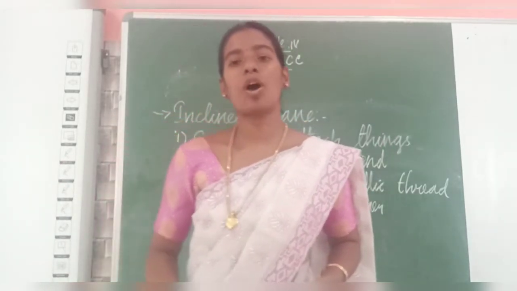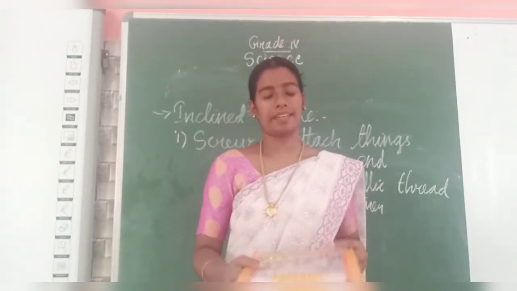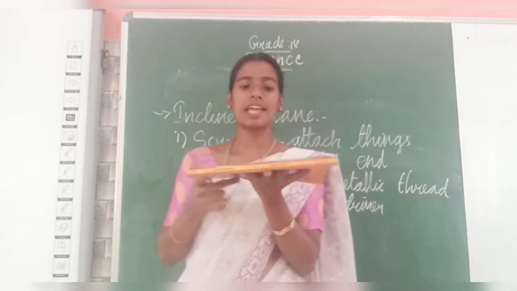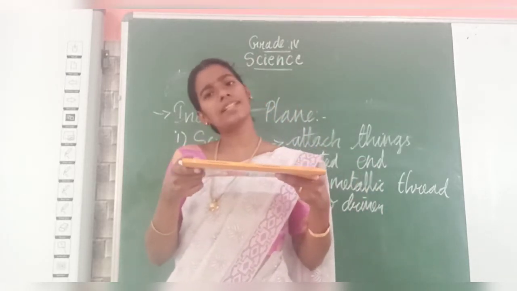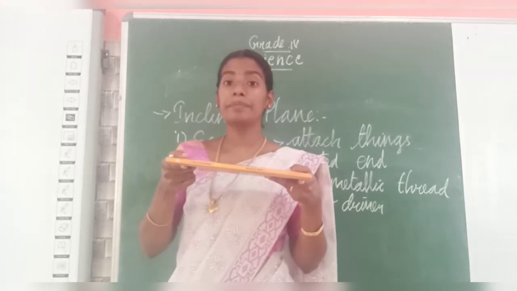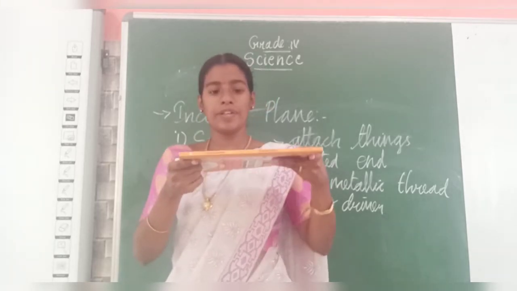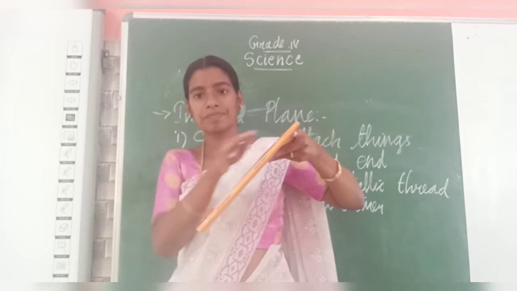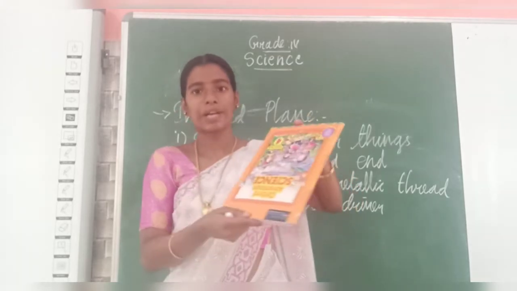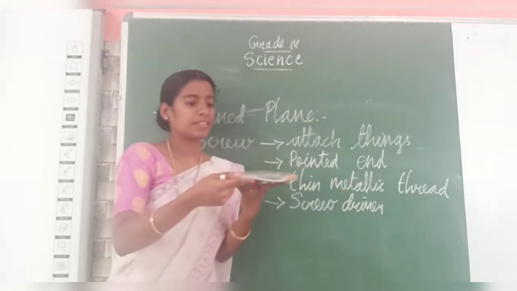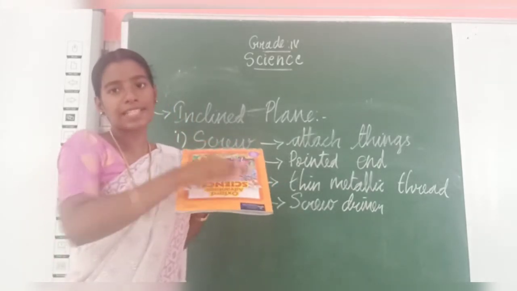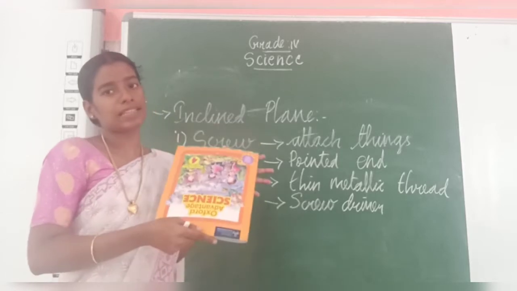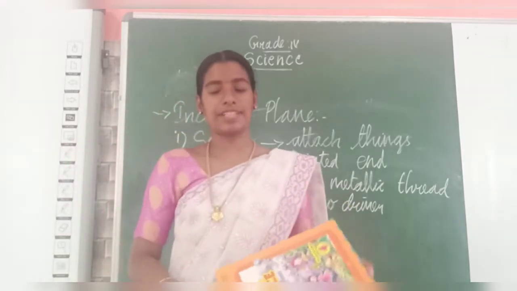The first one is the inclined plane. Consider this is a surface. When this is a book, consider some other metal or something. When you keep this like this, it is like a slope, right? Now it is a surface, but when you do it like this, it is a slope. This is nothing but an inclined surface.